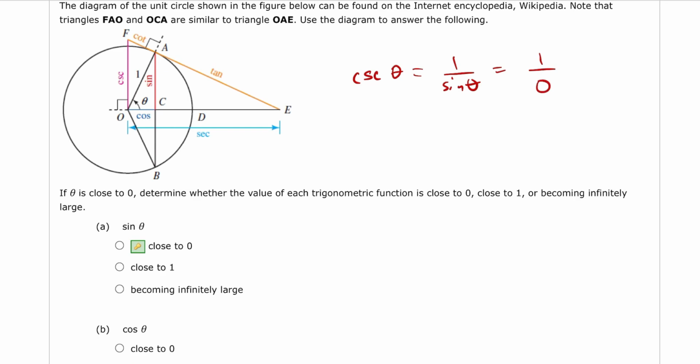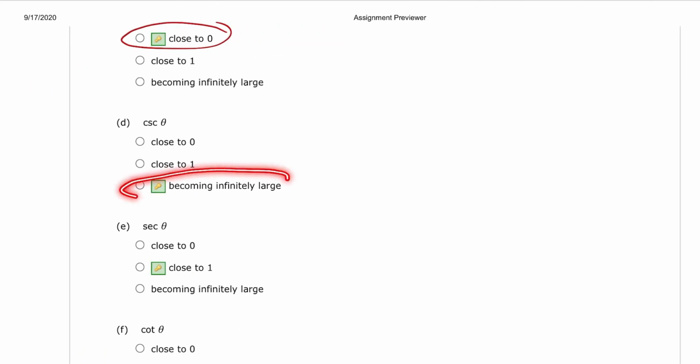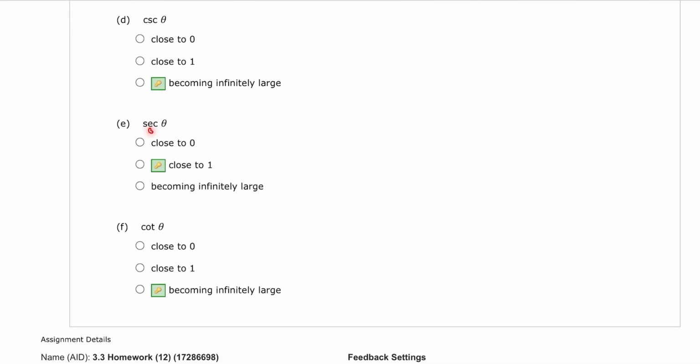So therefore, this is going to get closer and closer to 1 over 0, which means this is going to get infinitely larger. So it's going to become increasingly large. It's going to approach infinity, actually. If you take 1 divided by very small values, not equal to 0, you're going to get really large numbers. So that's going to approach infinity.